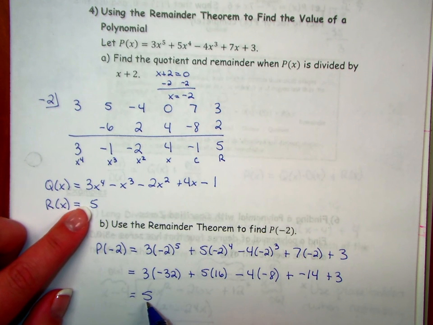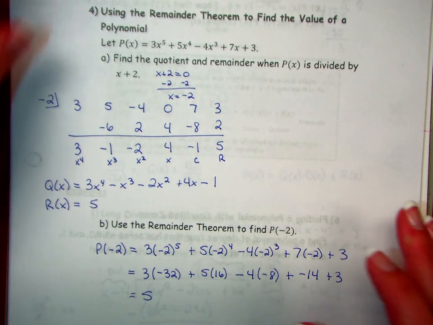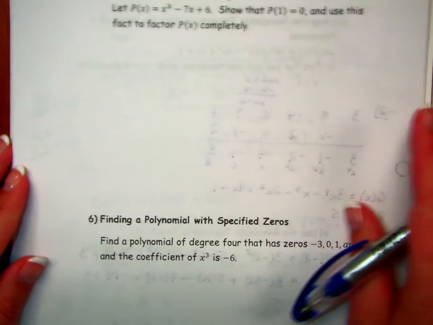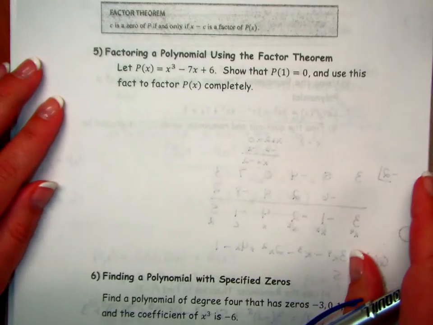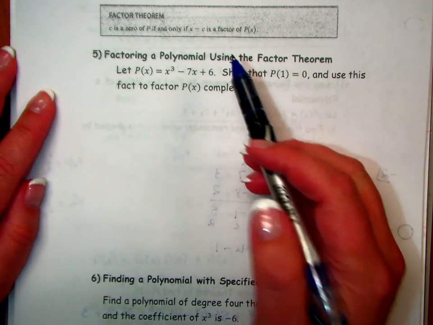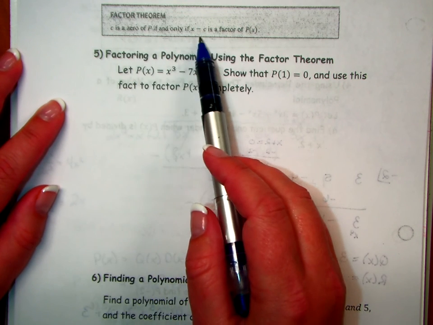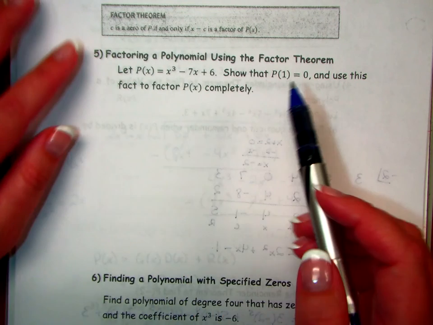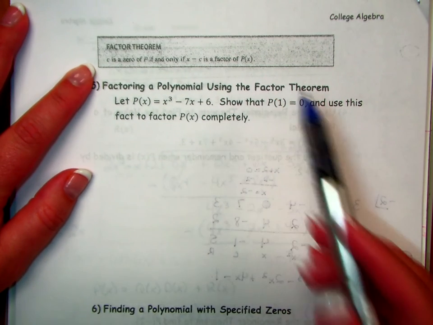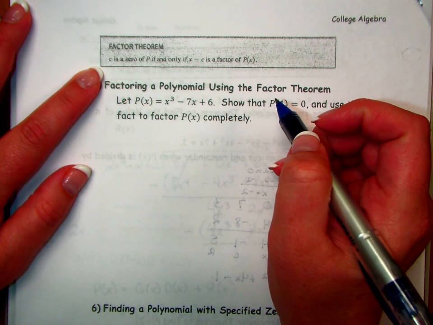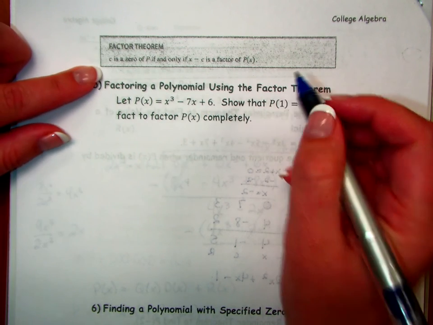Now what's next is the factor theorem, and that's even more powerful. On the next page, the factor theorem says c is a 0 of P if and only if x minus c is a factor. Actually, I would rather say if the remainder is 0, then x minus c is a factor.